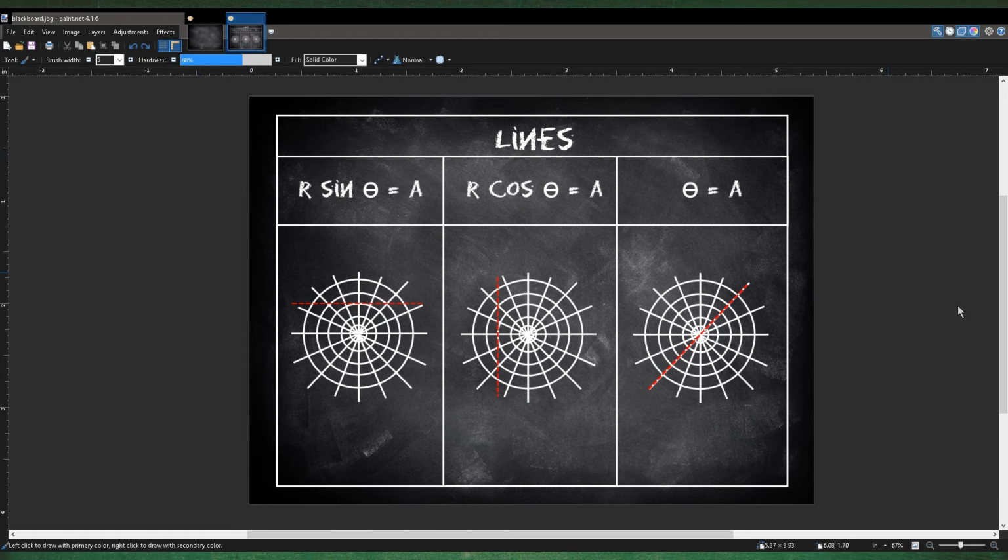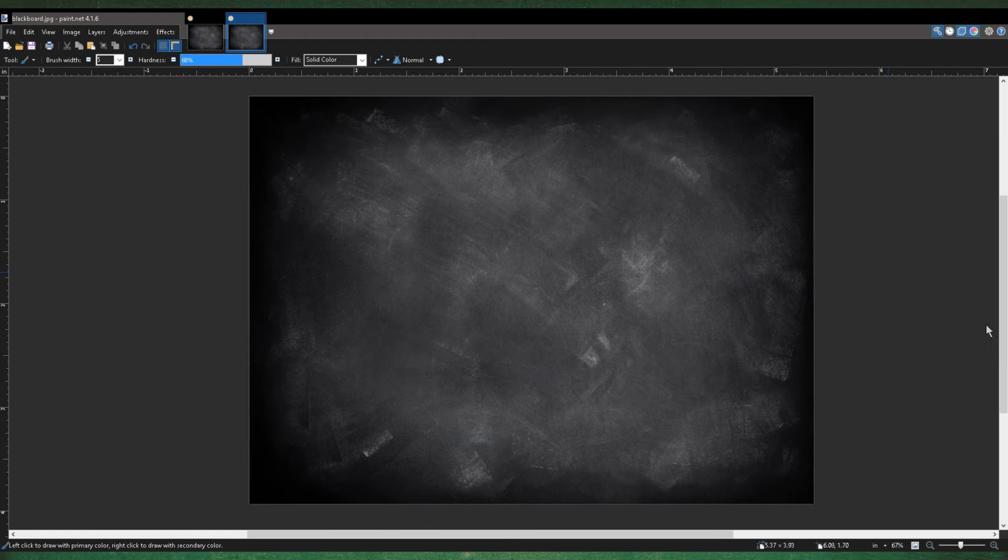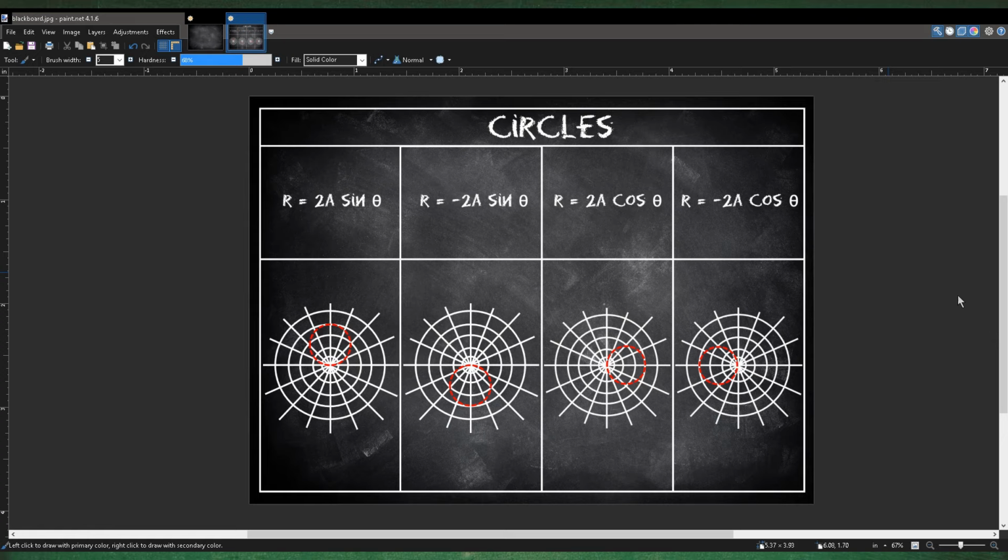Let's move on to the next polar graph, which talks about circles. You basically just look at it like this. If the radius is equal to 2a sine of theta, then it's going to be over here on the top, because sine of theta is going to be positive if a is positive.